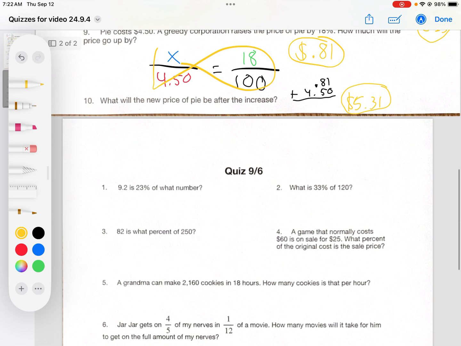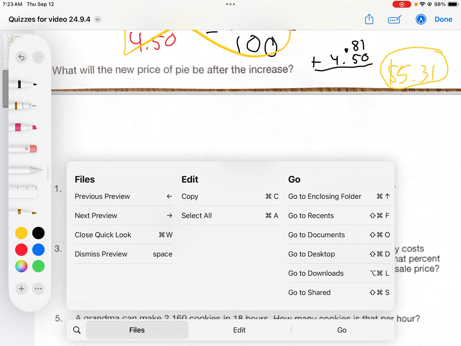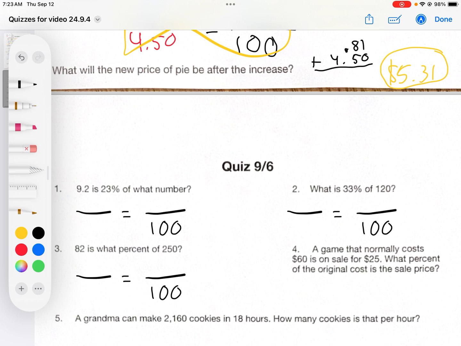All right, moving on to the quiz itself. We're starting with more percents. 9.2 is 23% of what number? I'm going to be using this several times throughout this quiz as well as the practice quiz.